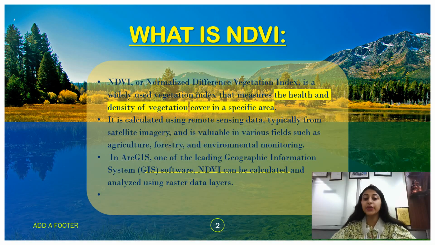It is calculated with the help of remote sensing data, and we have to use satellite imagery data. We can find these data from USGS Earth Explorer. It is valuable in various fields such as agriculture, forestry, and environmental monitoring. NDVI can be calculated and analyzed by using raster data.